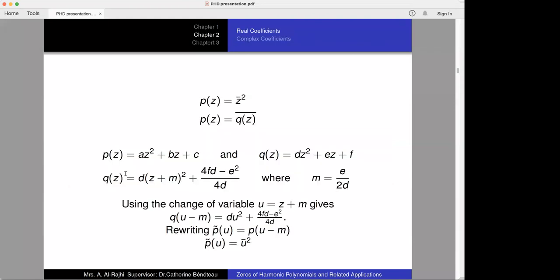Later on, as I said, we will study the condition on the coefficients where we have this equation, where p of z is an analytic polynomial of degree 2, and any equation p of z equals q bar of z could be rewritten in this way by some algebraic operations and a change of variable.